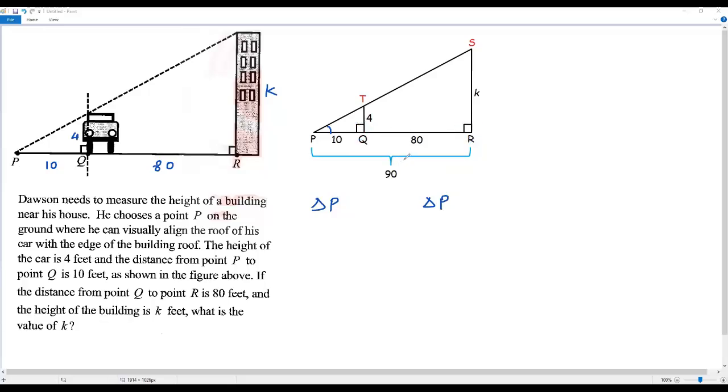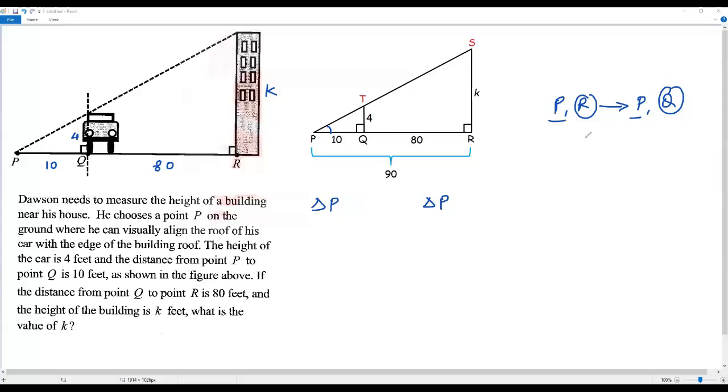So clearly the two angles P and R in the bigger triangle are congruent to the two angle measures P and Q in the smaller triangle, because P is the common angle and R and Q are the right angles.